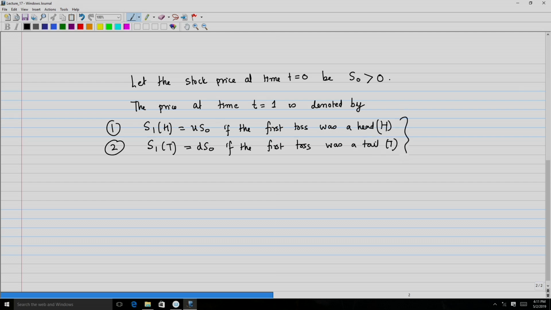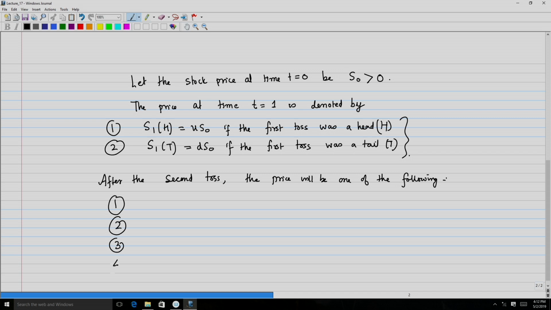This is exactly the same setup that we had in the case of the single period model. Now, after the second toss, what are the possible prices? There are 4 cases.